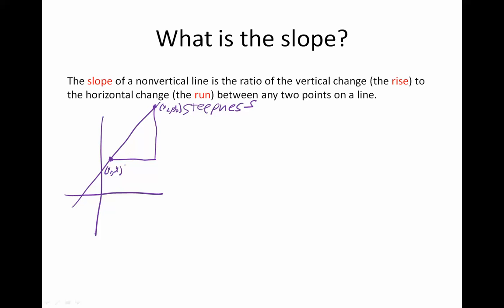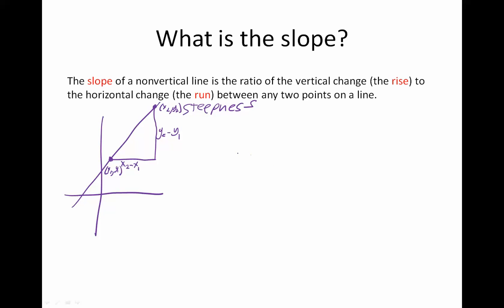Down here, this length is x2 minus x1, right? So it's this distance minus this distance. And over here, it's this distance on the y's minus this distance, otherwise known as y2 minus y1. So we find whatever this distance is, and that tells us how steep a number it is.